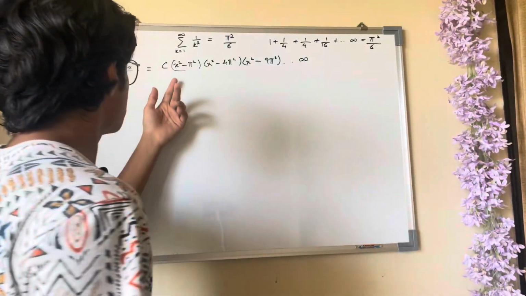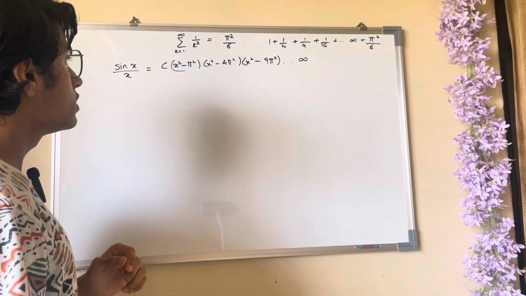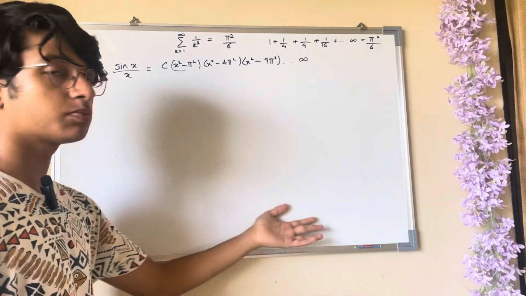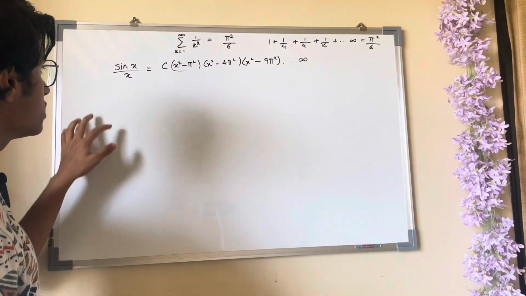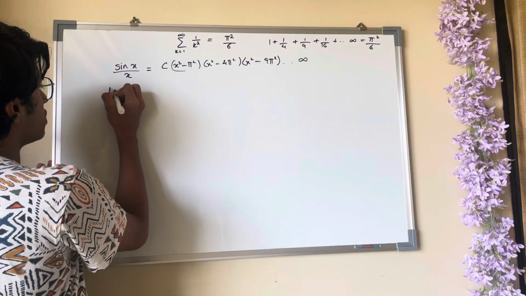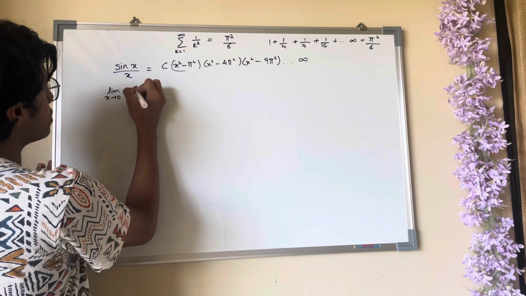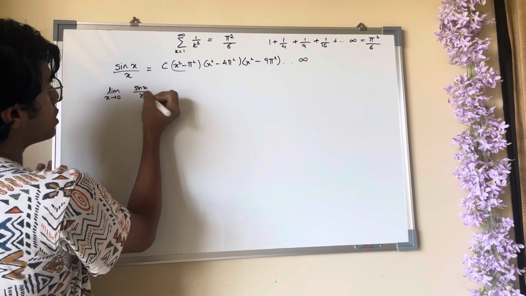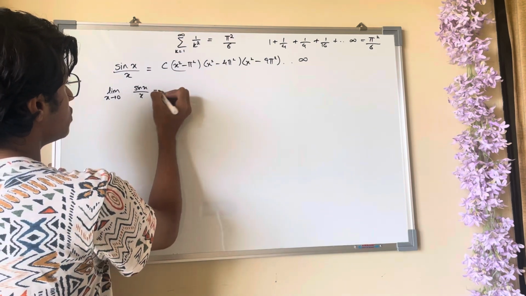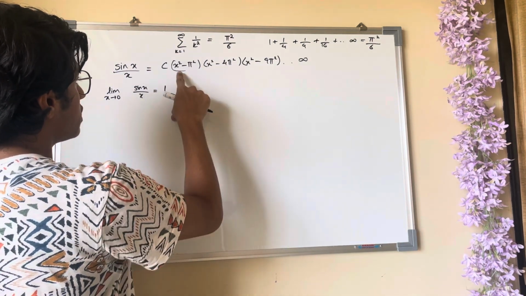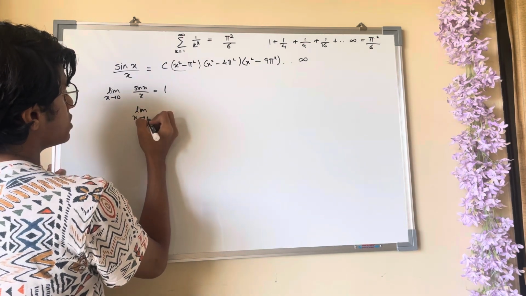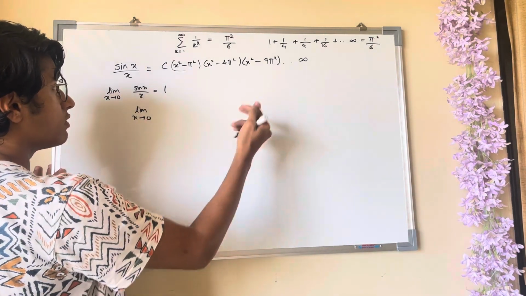I have to find the value of the constant c, and I have divided both sides of the equation by x as explained earlier. Now applying the limit x tends to 0 on both the sides. When x tends to 0, sin x by x, this is a typical limit which gives the value 1, and applying the limit on the RHS, since there is nothing in the denominator, we just put in the value of x as 0.